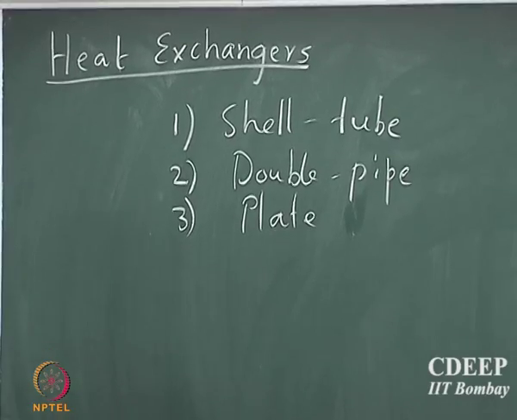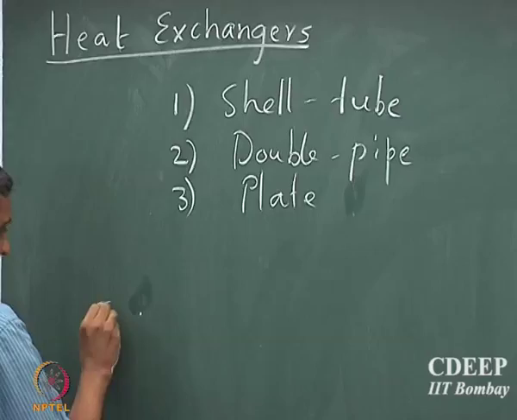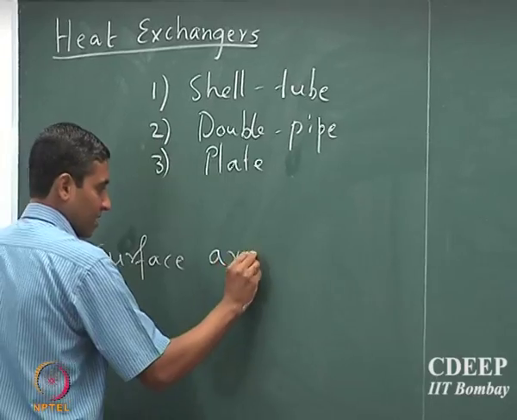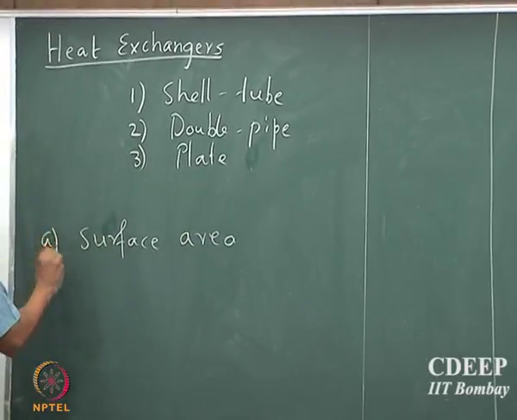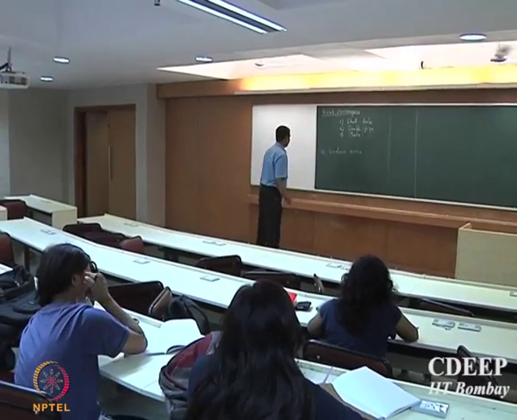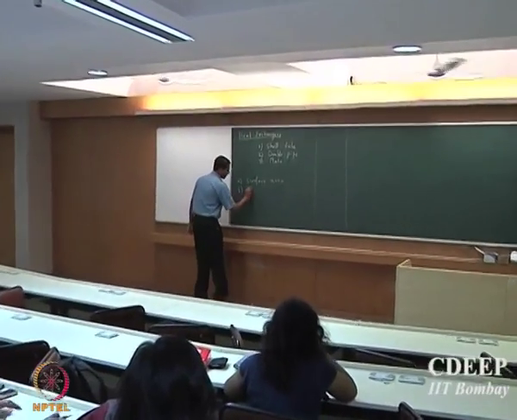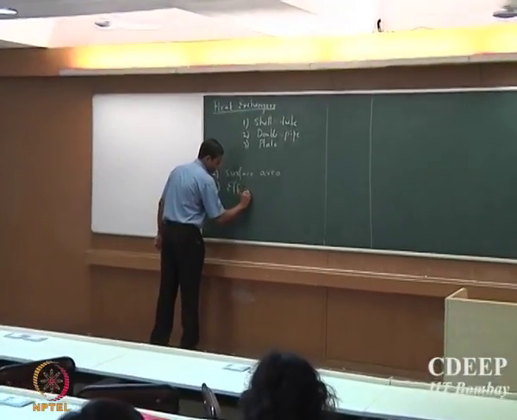So, why do we use different heat exchangers for different situations? One possibility is surface area. Heat transported, so efficiency.